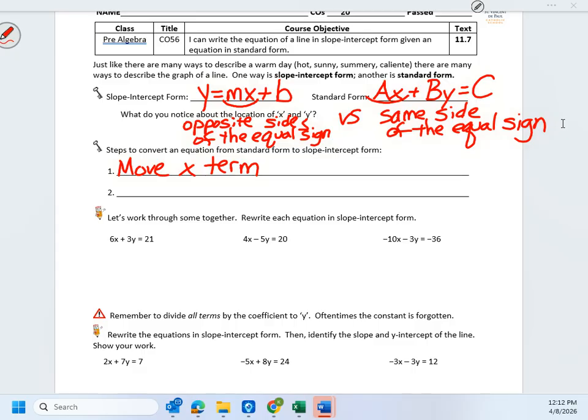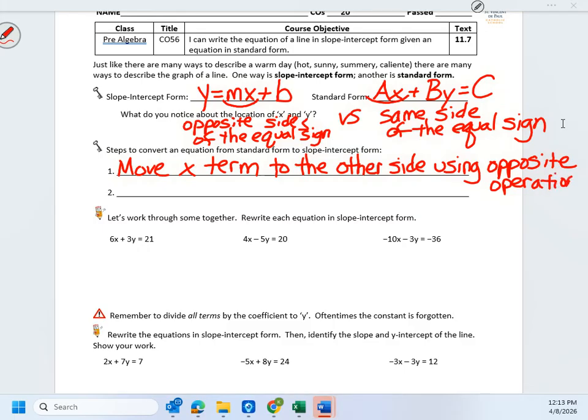So we're going to move the x term to the other side using opposite operations, because when we go to the opposite side of the equal sign, we have to use opposite operations.